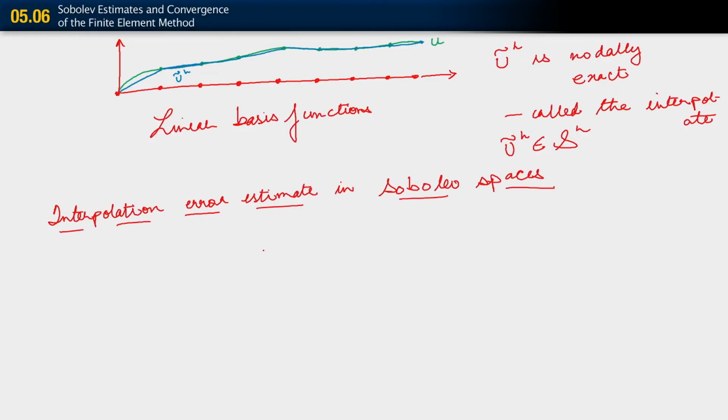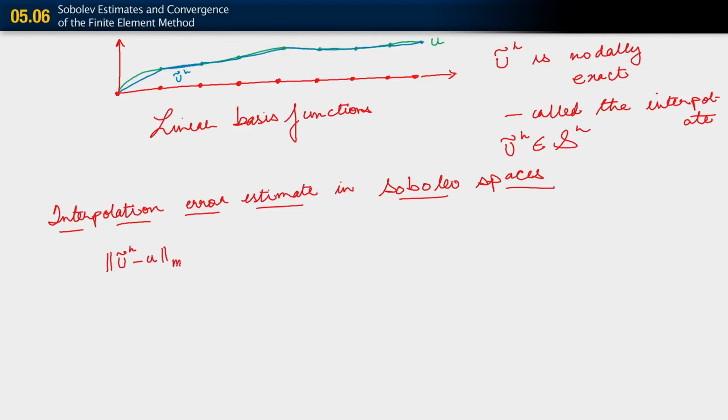Okay, the interpolation error estimate is for the following quantity. It holds for the H^m norm of the difference between this interpolate and the exact solution.